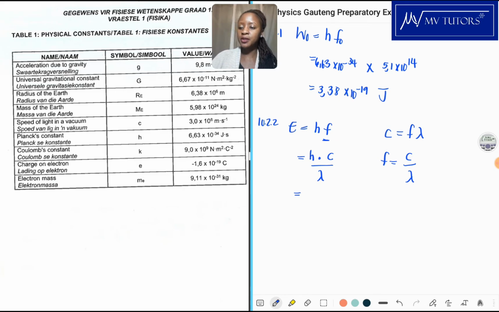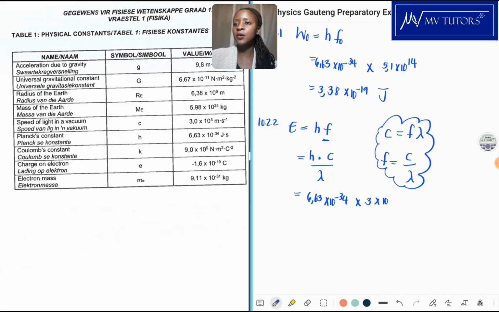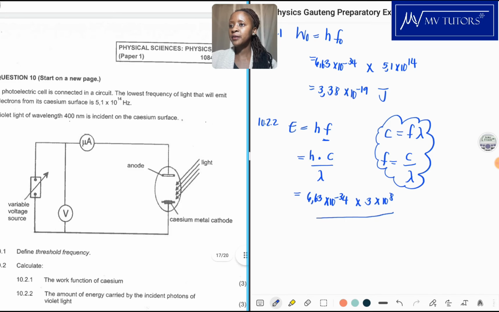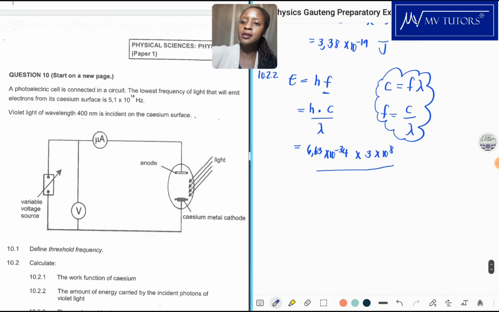Planck's constant, we've already written it before, 6,63 times 10 to the negative 34, times the speed of light, which we noted on the side, 3 times 10 to the power 8 meters per second. And all of that is divided by the wavelength. I think they said 400, yes, 400 nanometers, so 400 times 10 to the negative 9.